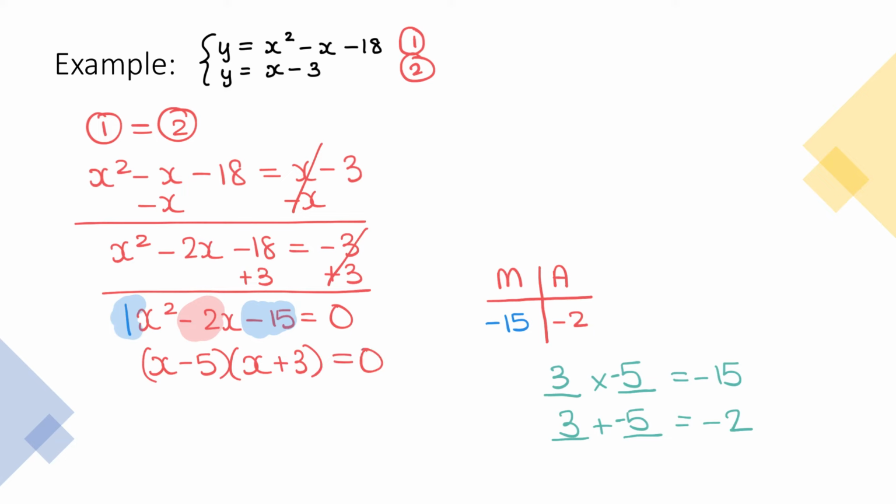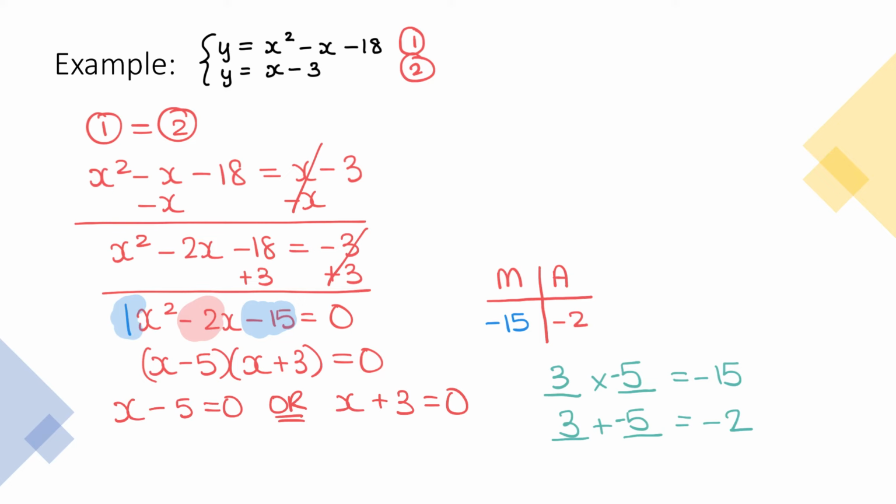So now I have a number times another number is equal to 0. If we want anything multiplied to make 0, that means one of these in the parentheses needs to be equal to 0. So we can say that x subtract 5 is equal to 0, or we have x plus 3 is equal to 0.